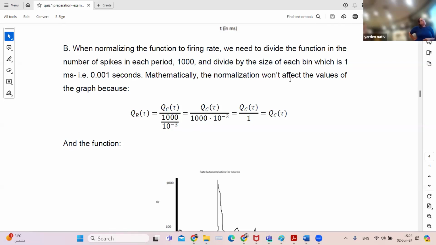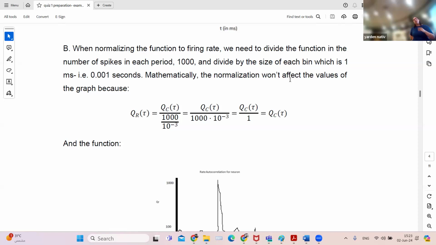I'm trying to think about another way of phrasing, because what we can say is that our average firing rate is 50 spikes per second, right? And then I'm thinking how to get from the count to the probability.